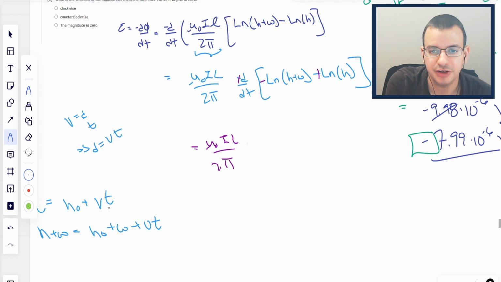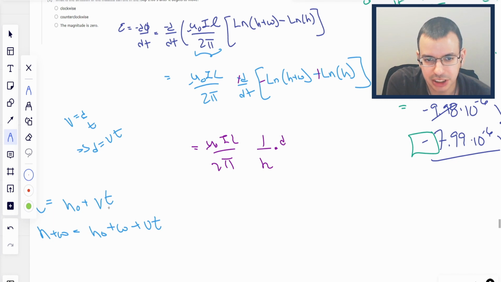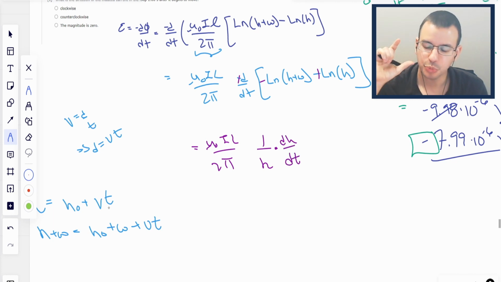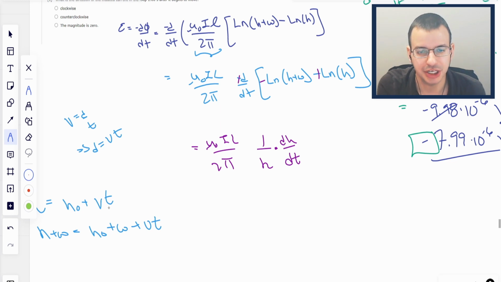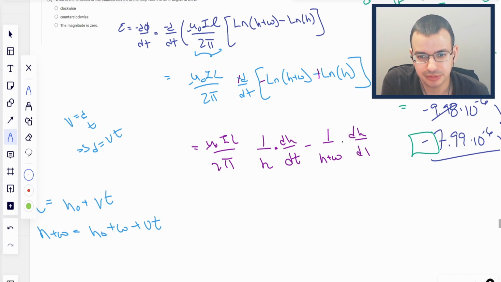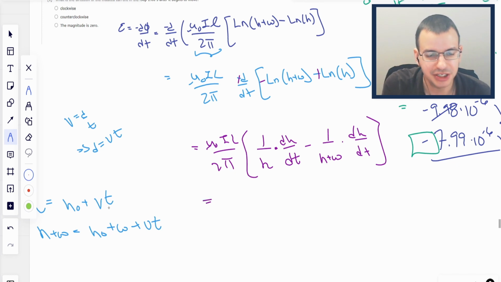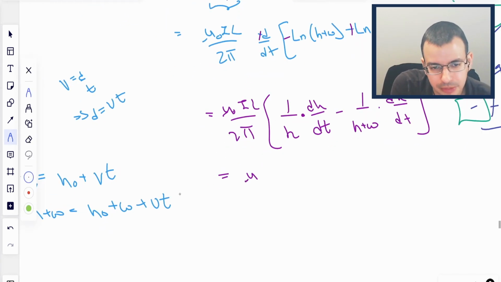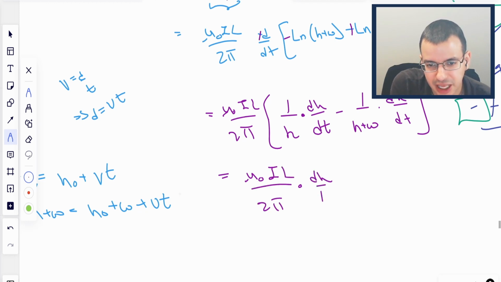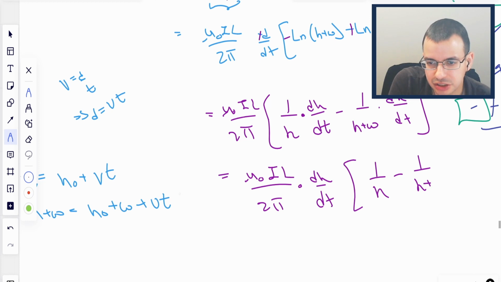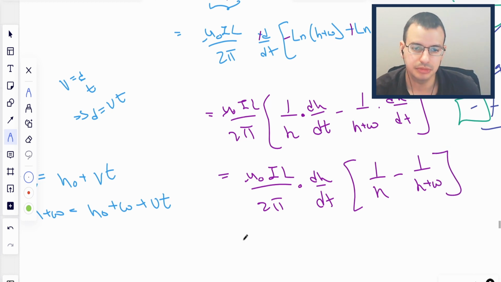The derivative of natural log of h is 1 over h times the derivative of the interior, so that's going to be the chain rule, dh dt, minus 1 over h plus w times derivative of the interior, also dh dt. We can pull out the dh dt, and we get mu naught I L over 2 pi times dh dt of 1 over h minus 1 over h plus w.